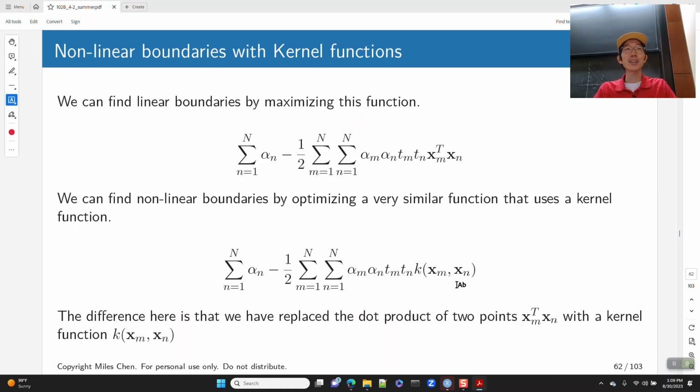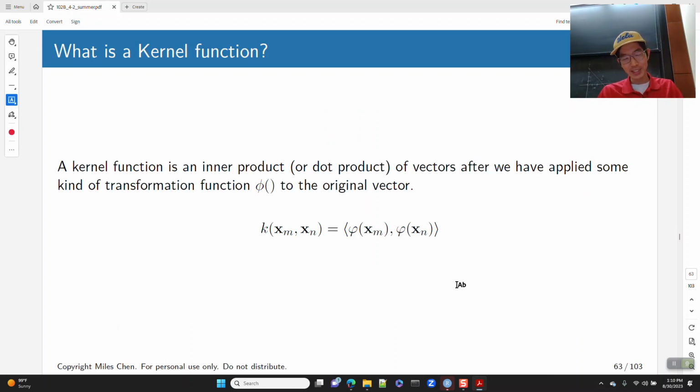You might have encountered the term kernel in some other math class, and it has nothing to do with the kernel we're talking about here. Unfortunately. And then there's kernel density estimation, which has a different meaning of kernel.